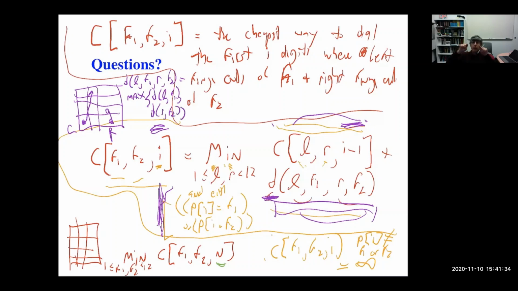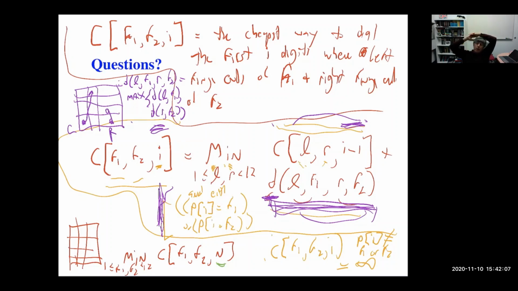Does everybody see that if I'm moving two fingers at the same time, it's the longer of the two that governs the time? So here I'm abstracting the model of finger movement to this function D. Basically, if I'm defining it as the maximum of the two finger movements, then I think that makes sense, assuming I move my fingers at the same speed.